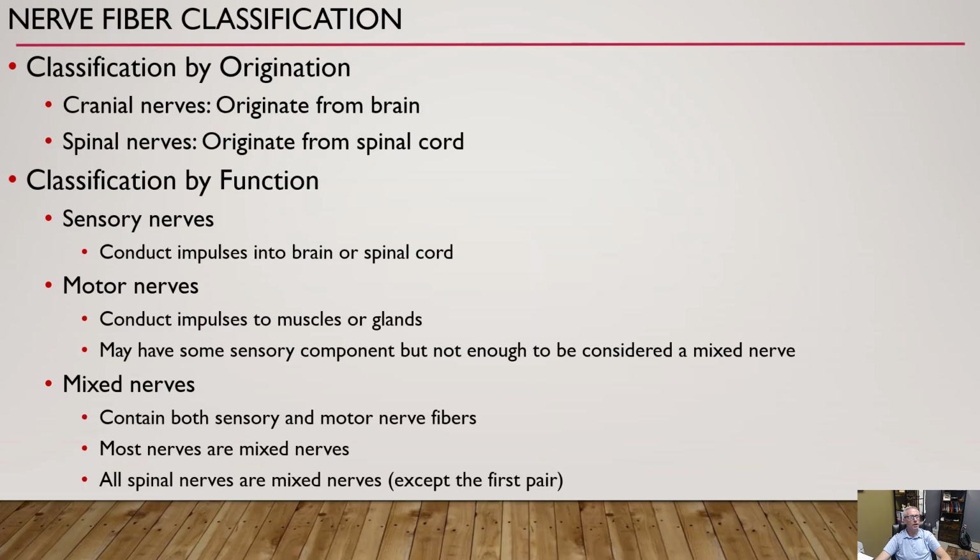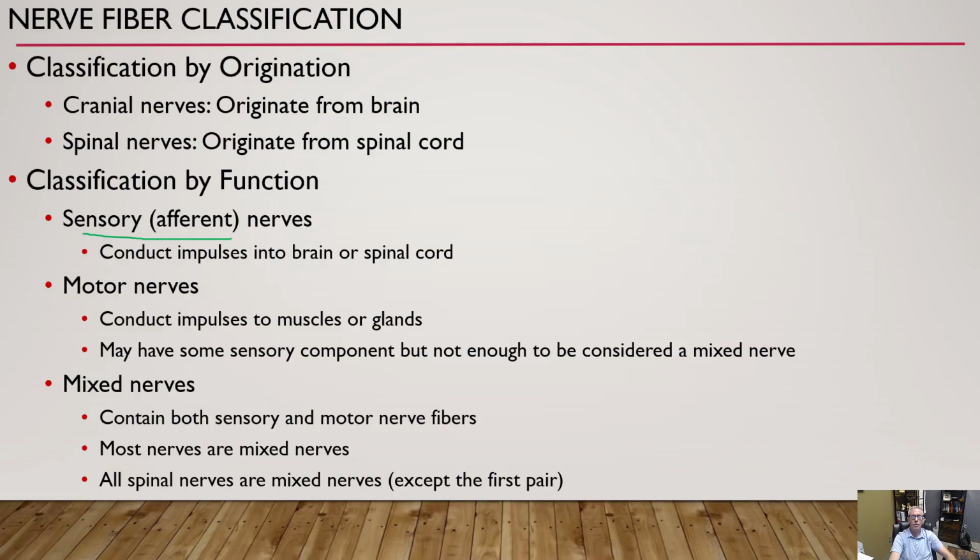Now, nerve fiber classifications. Remember that we have cranial nerves that originate from the brain, spinal nerves that originate from the spinal cord. And so far we've divided nerves as sensory nerves, or afferent nerves, that bring impulses into the brain and spinal cord.